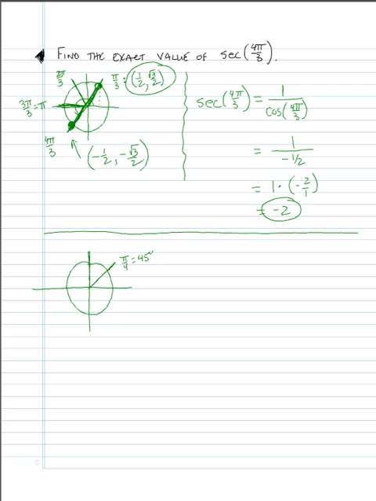If we go 2 pi over 4, that's 2 45 degrees, which is, of course, 90 degrees. If we go 3 pi over 4, that's 3 times 45 degrees, which is 135 degrees. It's really 90 degrees plus 45 more, isn't it?